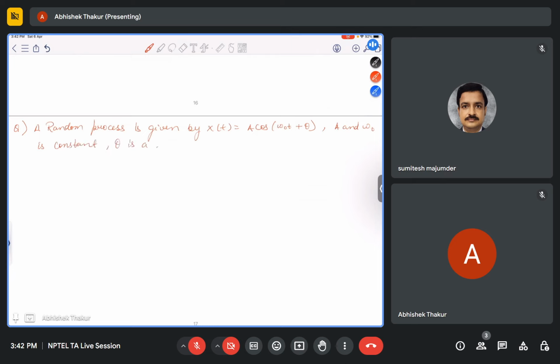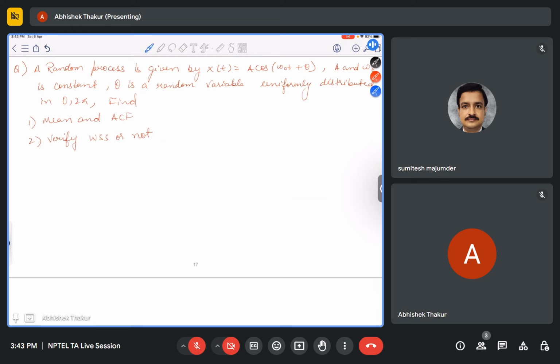Theta is a random variable that is uniformly distributed in 0 to 2 pi. Find, first, the mean and autocorrelation function. The second part is to verify whether the signal is WSS or not.